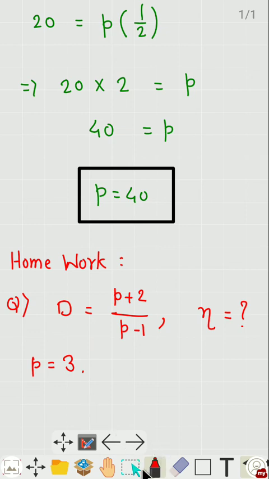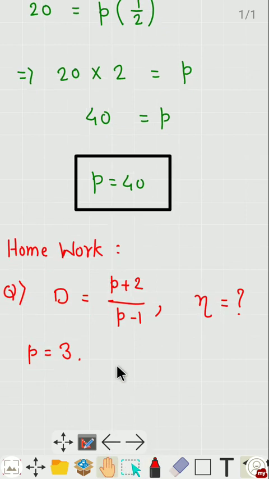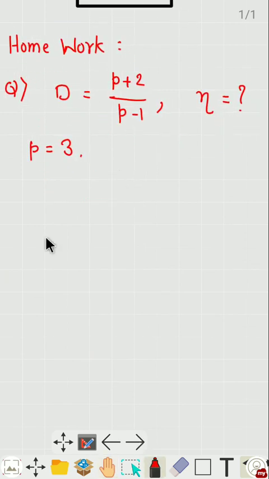Now let us go to question number 2, the second homework for you.